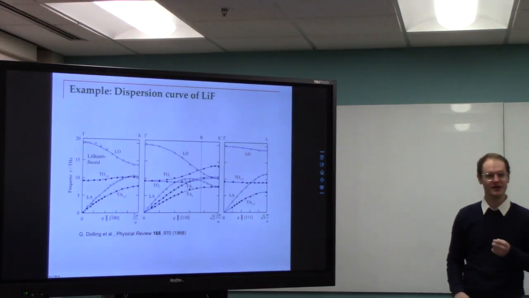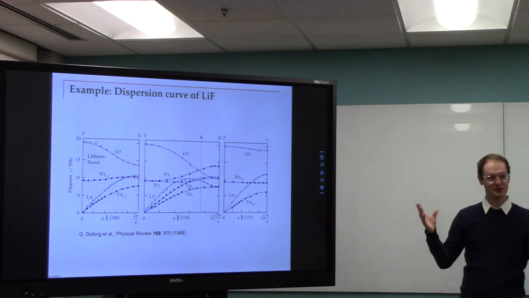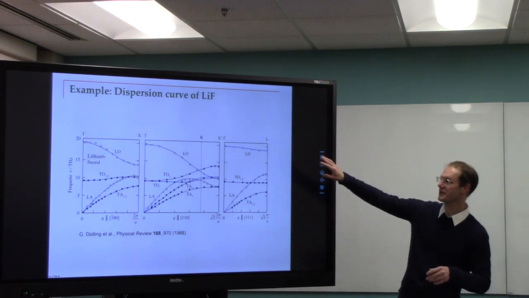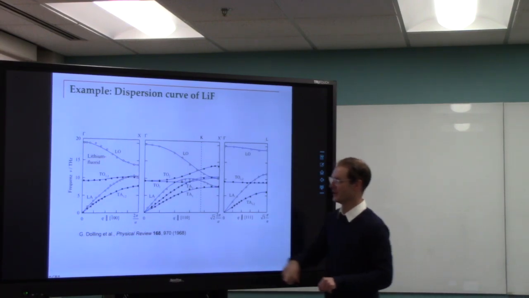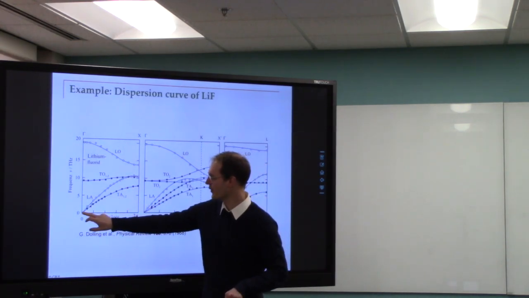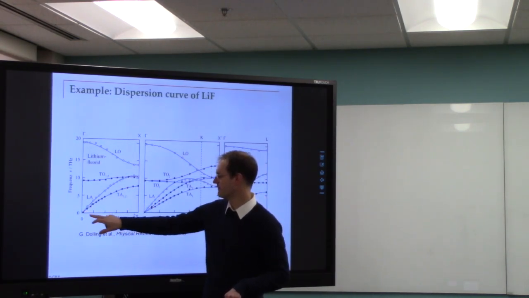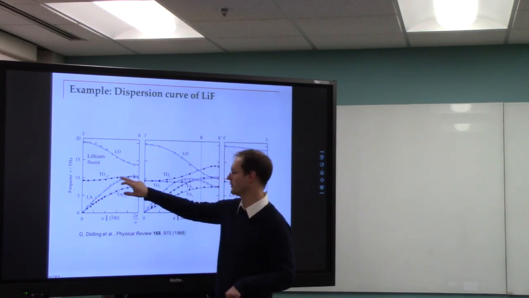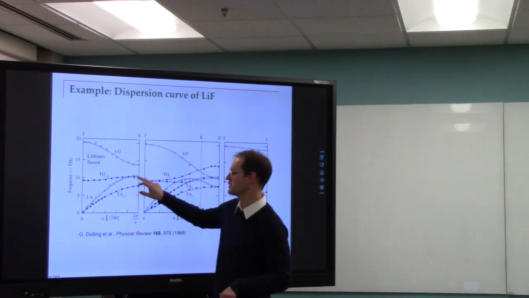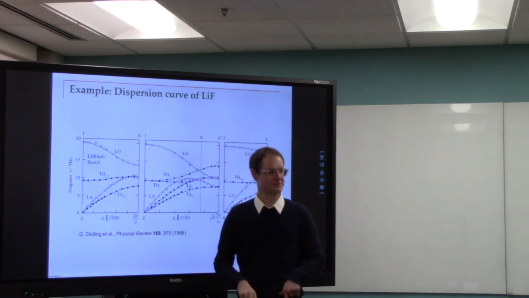If you look at dispersion curves in a real material, here are the dispersion curves for lithium fluoride, and they look a little bit more complicated than the dispersion curves for copper, because you have both these acoustic modes that go to 0 when the wave vector is 0, and these optical branches that do not go to 0.